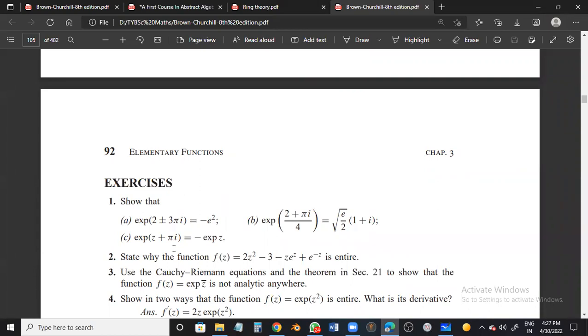Exponential of z plus pi i is equal to minus exponential of z. I repeat the question. Exponential of z plus pi i is equal to minus exponential of z.